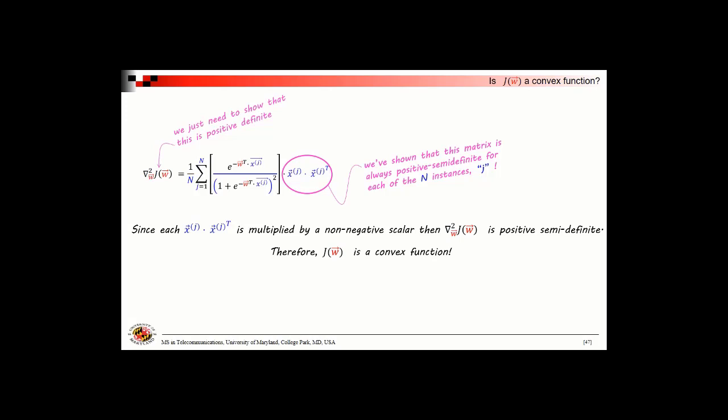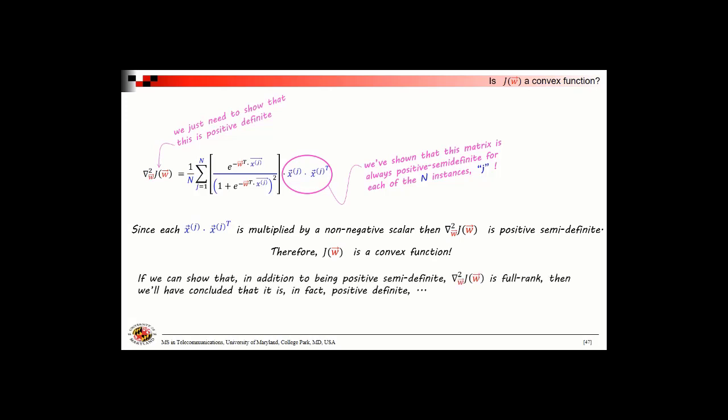Therefore, J is a convex function. If we can just show that in addition to being positive semi-definite, that Hessian is full rank, then we will have concluded that J is in fact positive definite and therefore strictly convex, which is what we want.